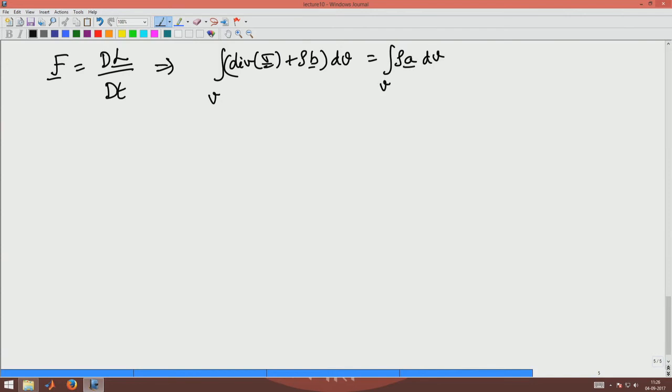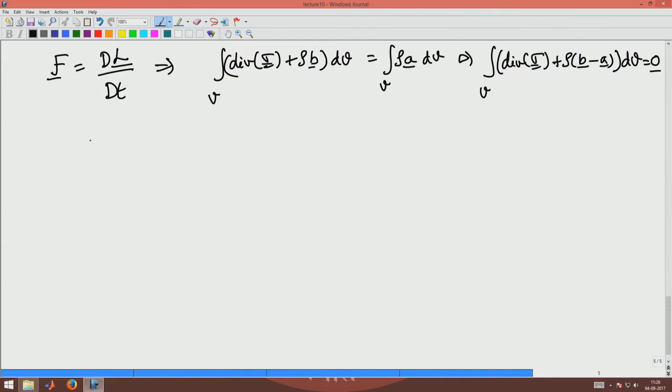Okay. So, now I can rewrite this equation as integral over V of divergence of sigma plus rho times b minus a dV equal to 0. Now, this integral equation has to hold for any subpart of the body also.